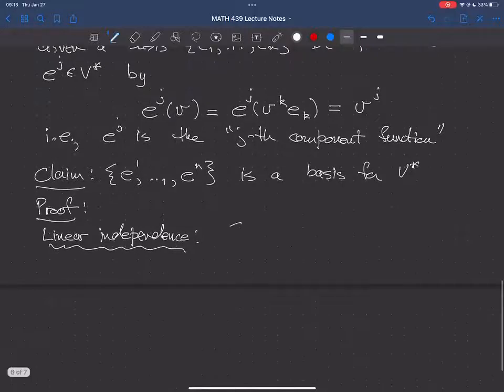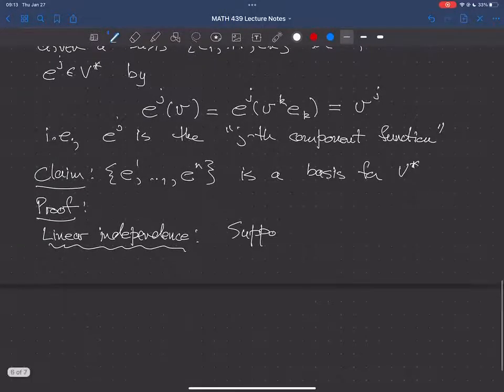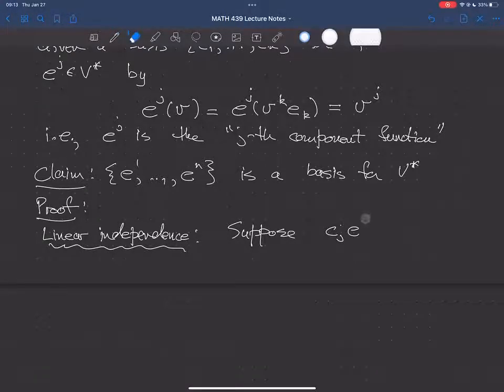So I'm going to write down a linear combination of the E super J's and set it equal to 0, right? So that's what a linear combination looks like using the summation convention. Okay, so I want to show that as an element of V star, that sum being 0 implies that each of the coefficients is equal to 0.